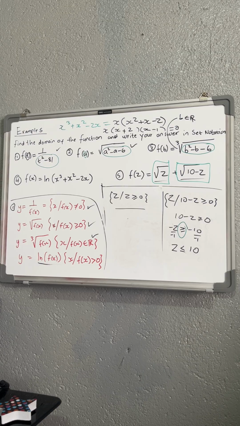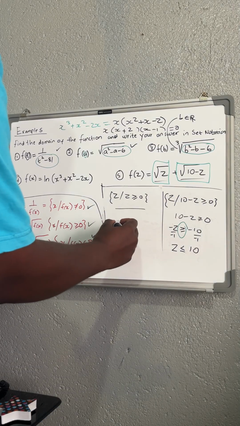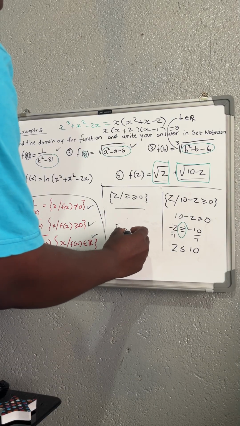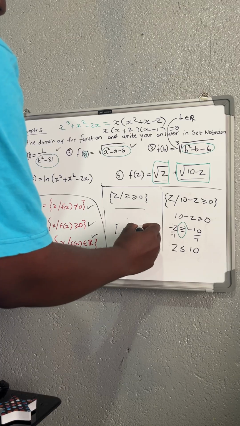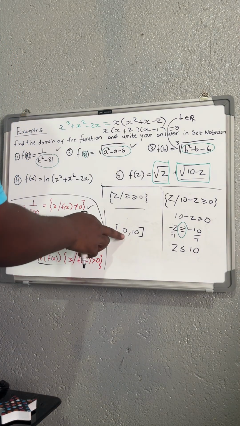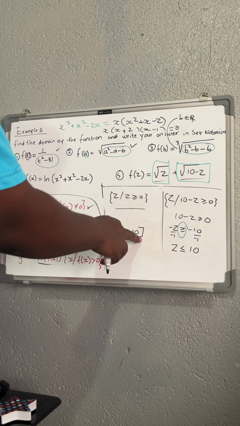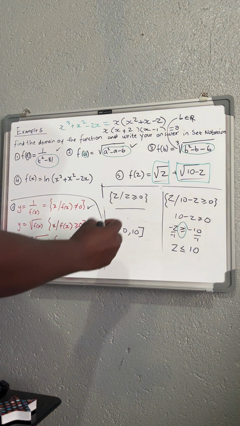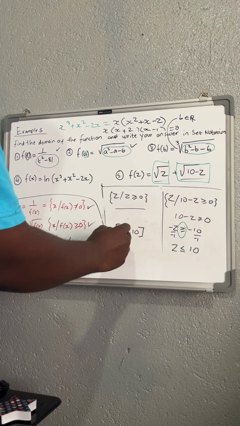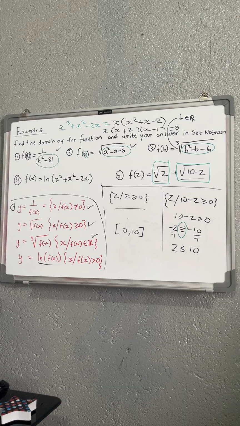So for this criteria, let me just check. Yeah, basically you are going to get answers that are between 0 and 10, including 0 and including 10. That's why you see this closed bracket.